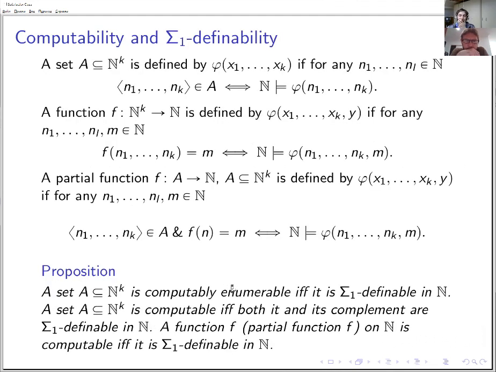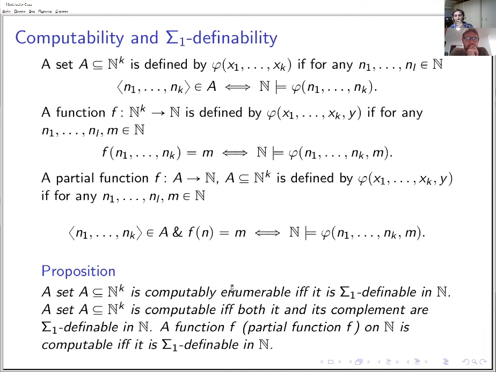Now of course there is this connection between computability and sigma 1 definability. As usual, we say that a set of naturals, or a set of k-tuples of naturals, is definable by a formula with k free variables if it's defined in the standard model of arithmetic.